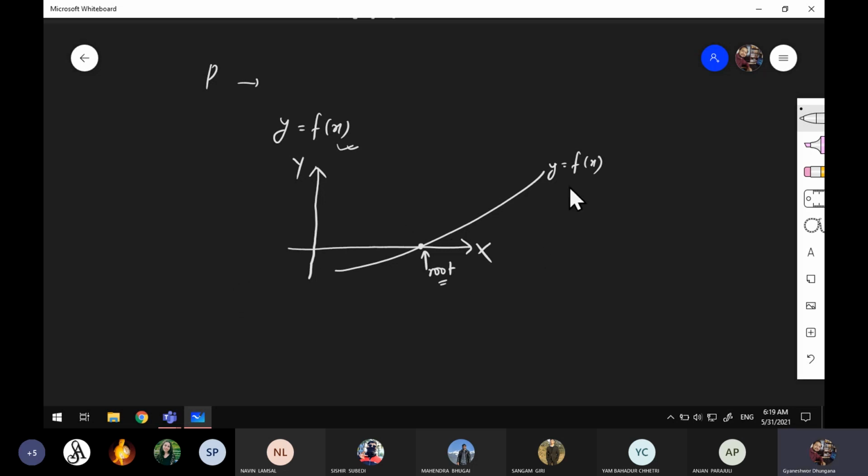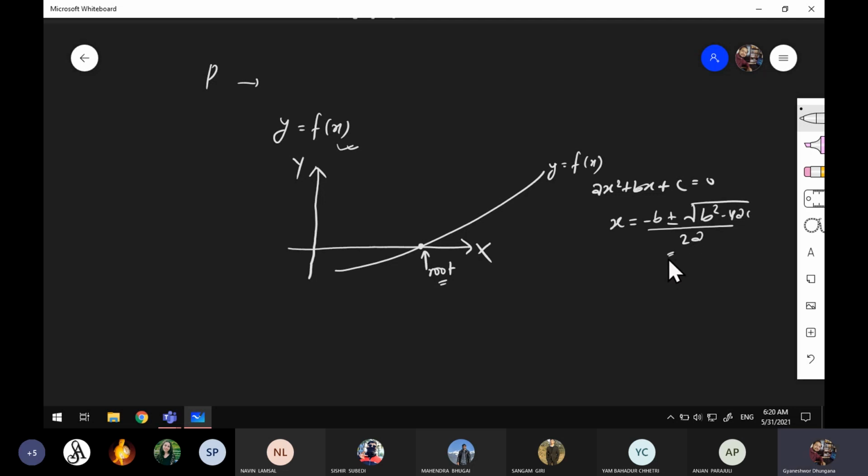If this function is in the form of a quadratic polynomial, say ax² + bx + c = 0, then we can apply the analytical method to find x, which is x = (-b ± √(b² - 4ac)) / 2a.